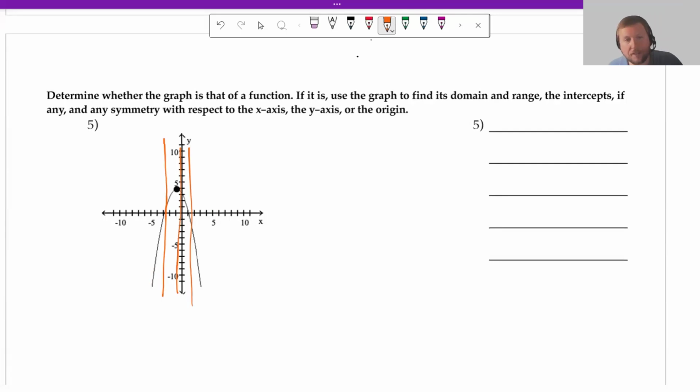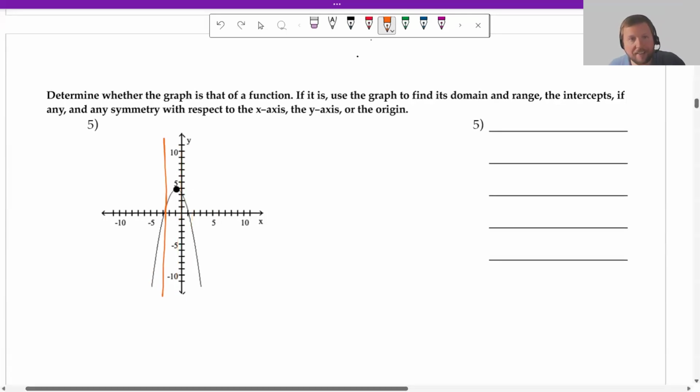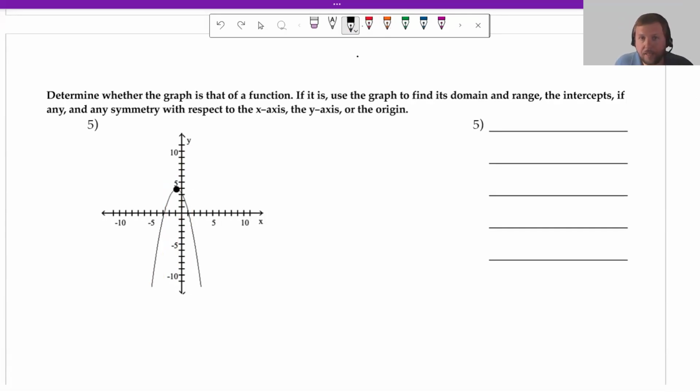Pretend they're vertical lines, and it's not hitting the function in more than one place. So it is a function by vertical line test. So VLT.